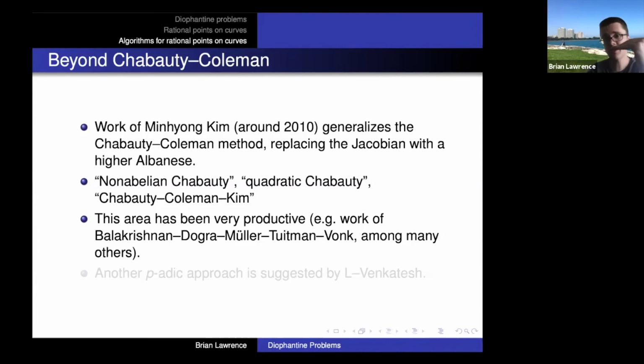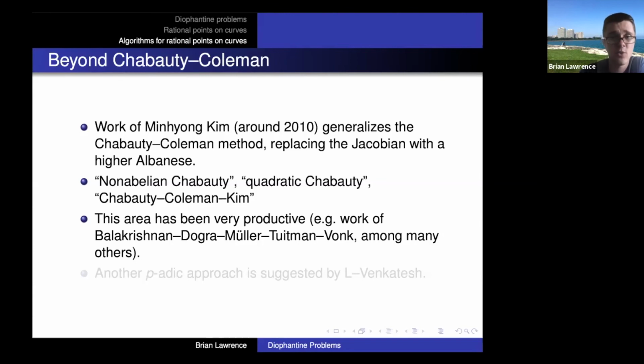The first of these varieties is the Jacobian, and then you have an infinite sequence of varieties of higher and higher dimension. Your curve embeds into each of them, and the idea is that each step in this Kim tower will give you a stronger and stronger obstruction to the existence of rational points.